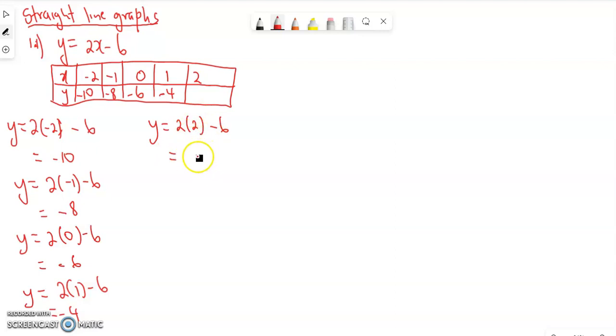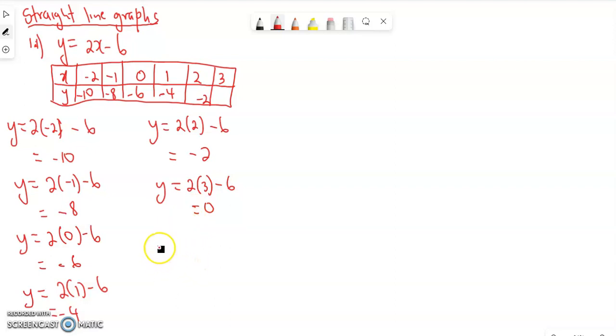So this is 4 minus 6, which is -2. Maybe if we are going to extend the table and have x is equals to 3, it will be y is equals to 2 times 3, which is 6 minus 6. Then the answer is 0.